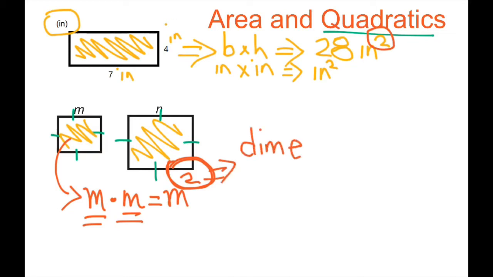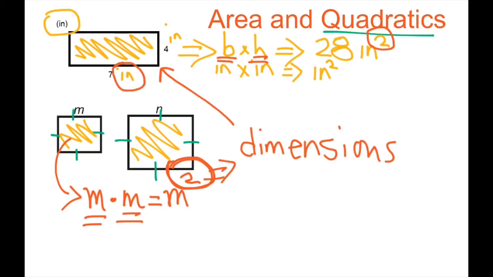How many dimensions did I use when I found the area of this rectangle? I multiplied it, the base times the height. Those are the dimensions. How did I measure my dimensions? I measured them in inches. So, inches times inches gives me square. This is where that square comes in.